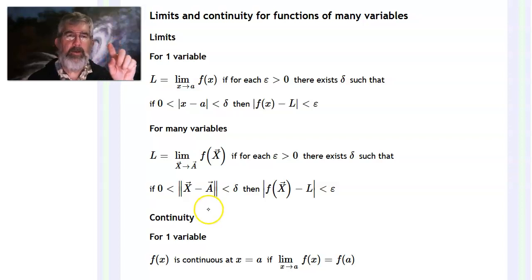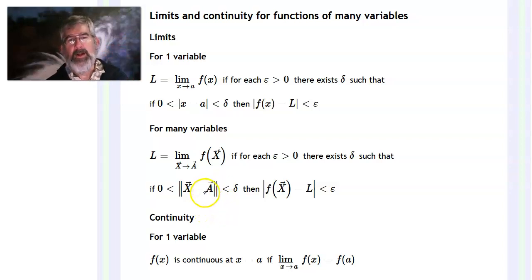I don't say circle because the circle is just the edge. The disk is the whole filled in thing. So in two dimensions, this would be describing a disk of radius delta centered at A. In 3D, that would be a little ball. In 4D, it would be a, whatever you call it, a hyperball. It's one dimension higher, but round, centered at A with radius delta.